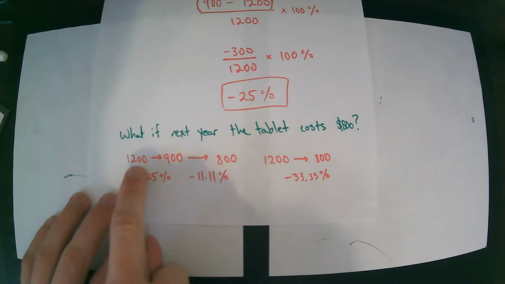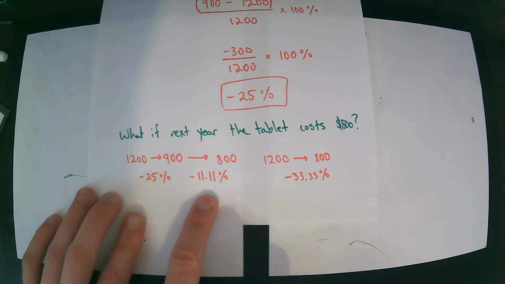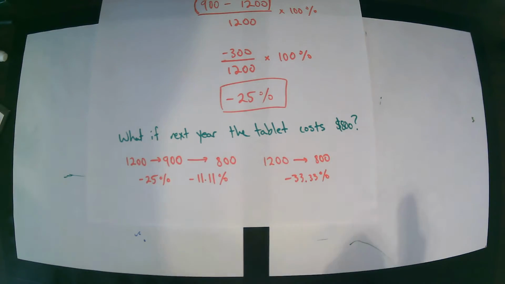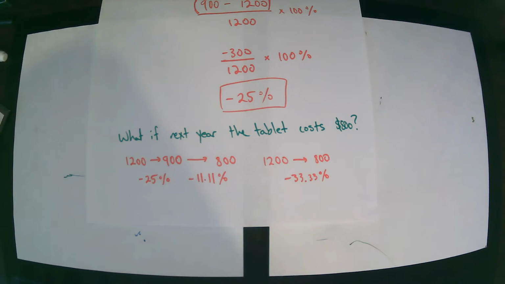Are they asking from 1 to 2? That's one answer. From 2 to 3? That's a different answer. From 1 to 3? Different answer. And what if they're asking from 3 to 1? Different answer again. What would that be? Well, it would be the same as this, except not negative.